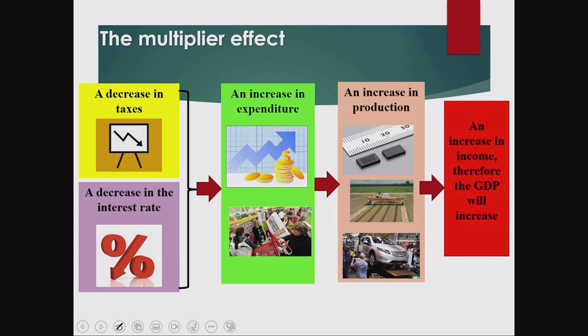Now, these are the causes of an increase in expenditure, which then results in an increase in the national income. That's what kickstarts the multiplier, which then results in the increase in the income of the country and therefore increases the gross domestic product.